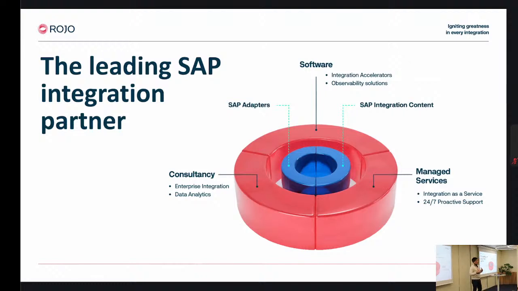We call it our SAP integration accelerators, and today that's the focus. But next to it, we also have managed services where we join together with the clients and on their behalf provide the whole set of services and, if necessary, the platforms, everything to get everything connected 24/7.